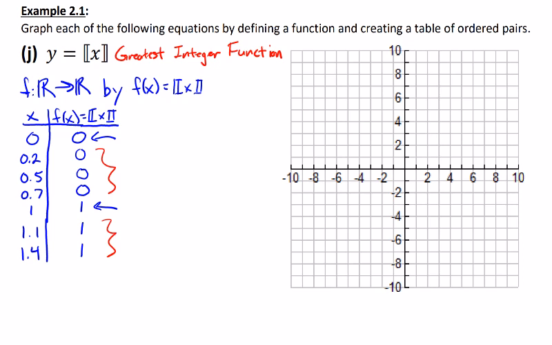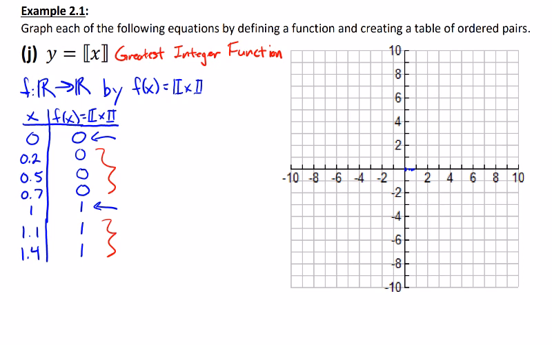So from a graphing perspective, what we're going to get is, starting with the zeros, we have 0, 0. We're also going to have several other points, 0.2, 0.5, 0.7, and it's really difficult for me to show all of those things with a great amount of detail on the graph.